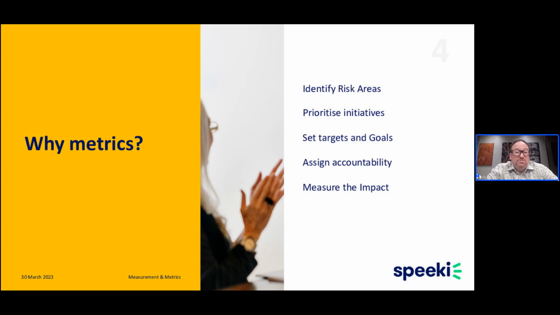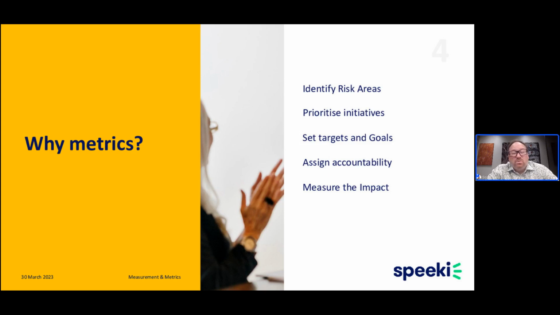Metrics, by their own definition, are really focused on setting targets and goals. So in addition to giving you that prioritization element, they also provide this mechanism of goals. Metrics also assign accountability. By their very nature, by setting a goal and measuring it with some form of metric, you're setting up a system of accountability and responsibility so that someone owns those metrics and they own the impact of those metrics.